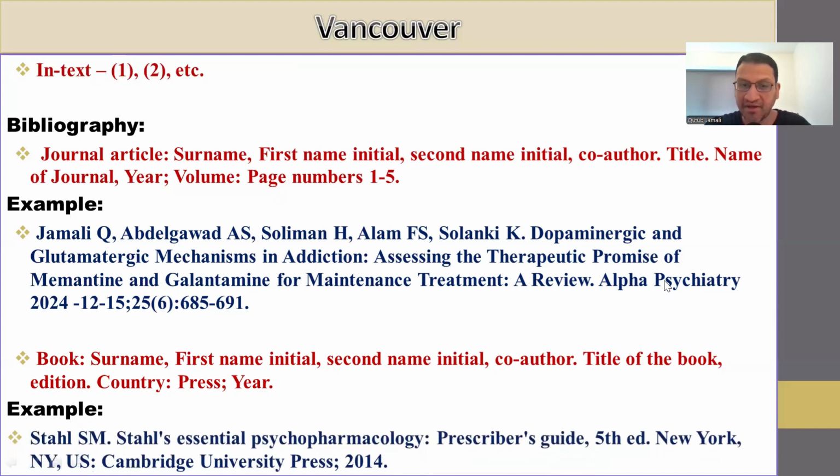An example being Styles Essential, where you write the title, then the edition, and then the country where it was published, where it was printed, the press where this book was printed, and then the year of publication.